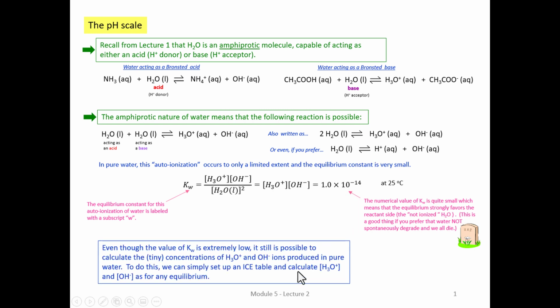Now, even though the value of that equilibrium constant, the water ionization constant, is really small, it's still possible to calculate the tiny concentrations of hydronium ion and hydroxide ions that are produced in pure water. To do this, we can simply set up an ice table and calculate the hydronium ion and hydroxide ion concentrations as for any equilibrium.